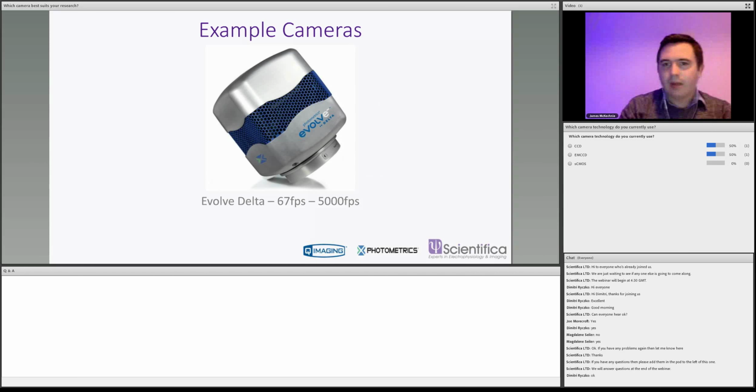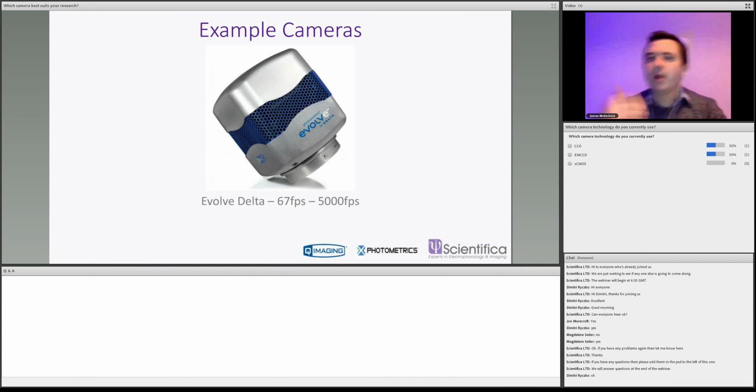The reason I put that up there is because it brings us on to the other point, which is the compromise between sensitivity and resolution. At 70 frames per second, you might have enough light for, I think it's a 14 millisecond exposure, which is about 70 frames per second. Let's say you go to 5,000 frames per second.